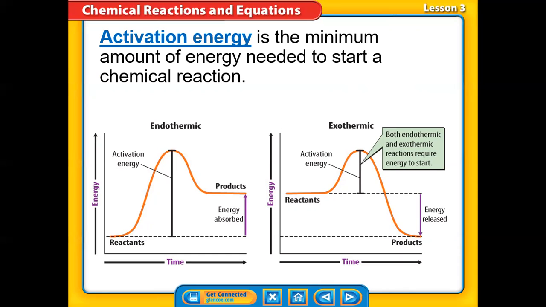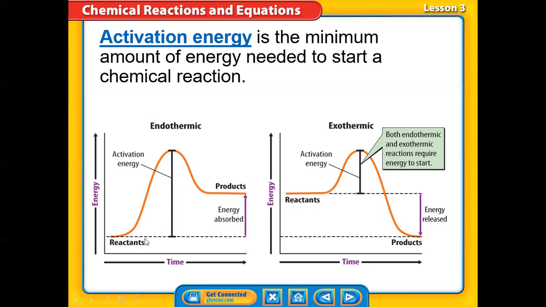In that case, we have to provide an external form of energy, or we energize this reaction by adding energy. This energy is absorbed from the surroundings, plus the collisions. Then we reach the activation energy, and the reaction will happen to form the products.